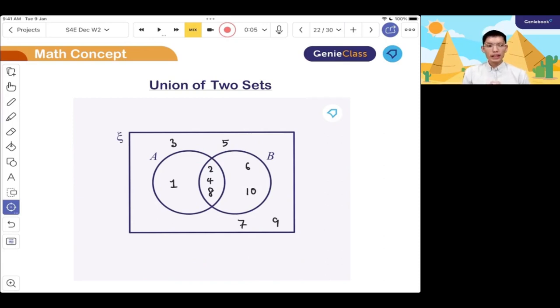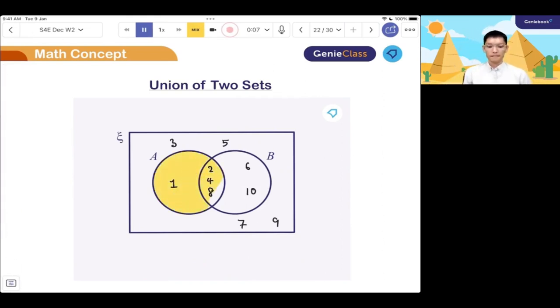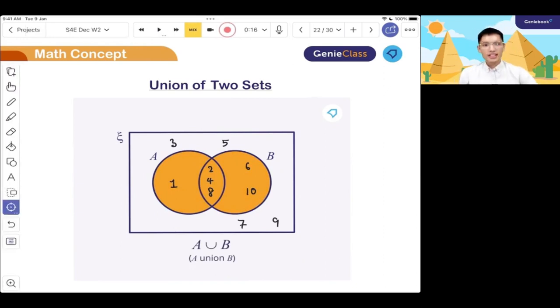So therefore, when we look at the union of two sets, it will actually be A and then B, and we are connecting them by the handshake, but certain things are not connected. This is where I have A union B. They are either A or B or both.